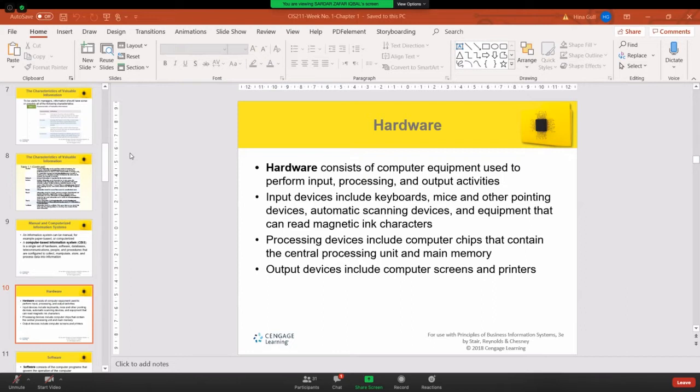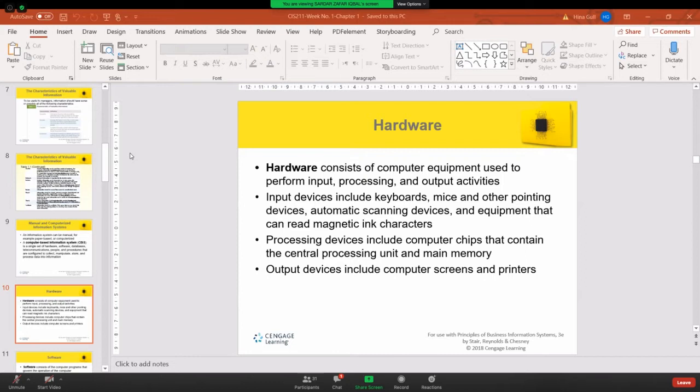So we have some input devices that are used to give input to the computer, like keyboards, mouse, and other pointing devices, scanning devices. Yes, in Panda, in these grocery stores, the guys sitting at the counter usually scan the product just to get the prices or invoice in the system.